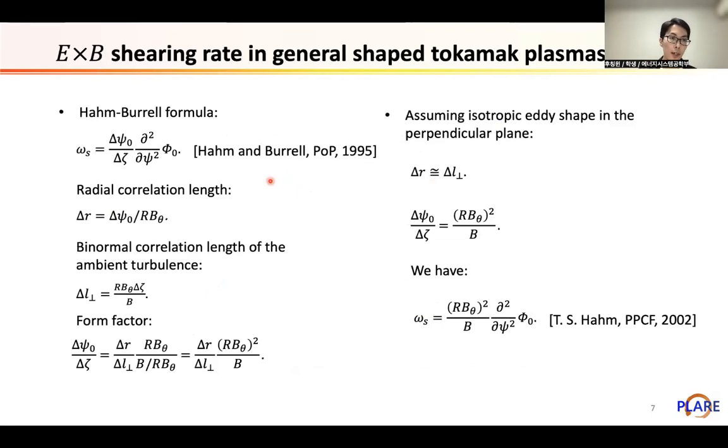So we start from the Hamburg formula, which is for the ExB shearing rate in generally shaped tokamak plasma. We use the conventional treatment, and we finally get the widely used formula for the shearing rate.